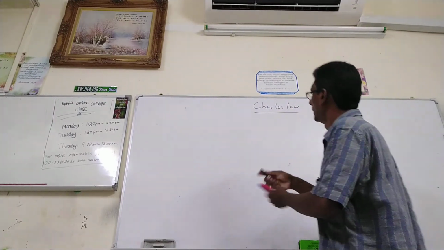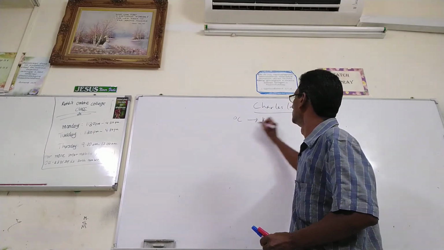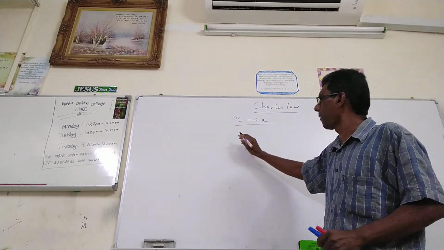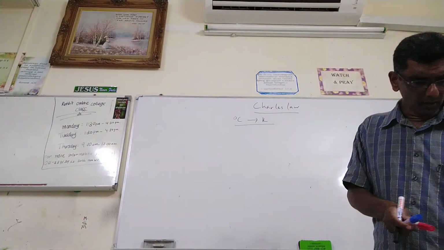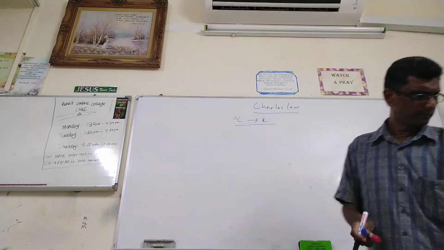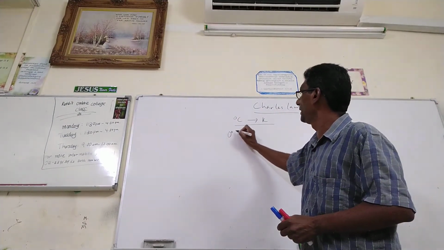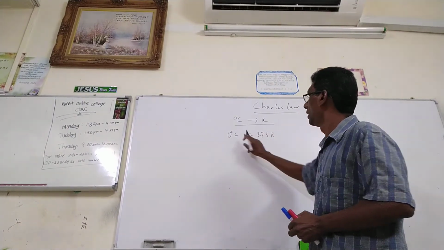Now, degree Celsius to Kelvin. 0 degrees Celsius equals 273 Kelvin.